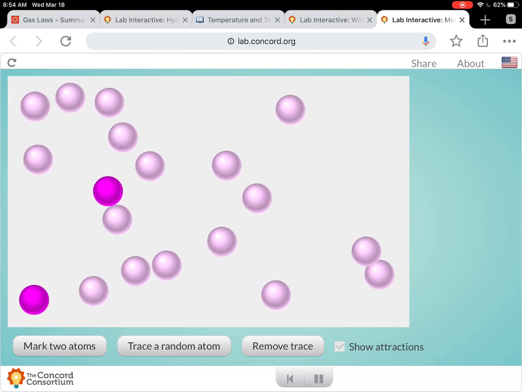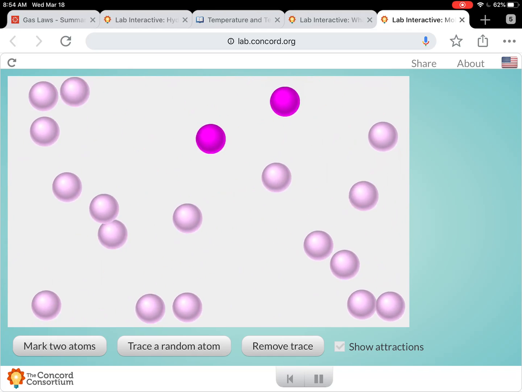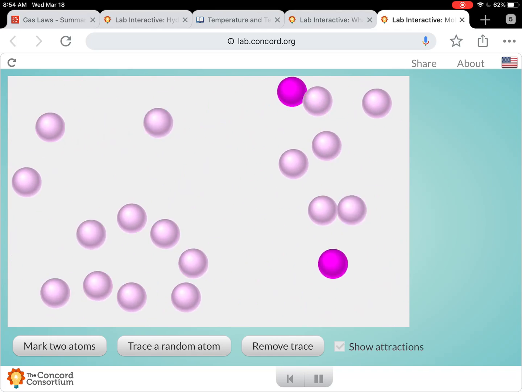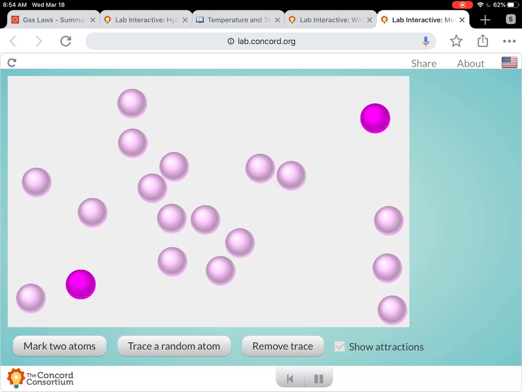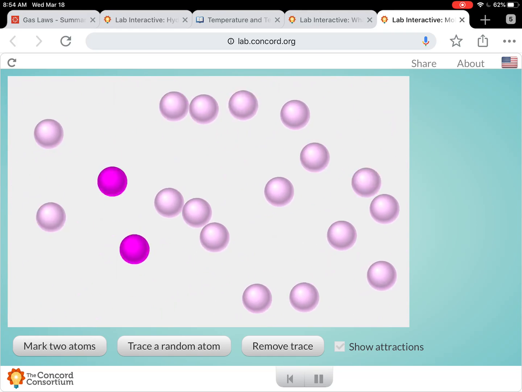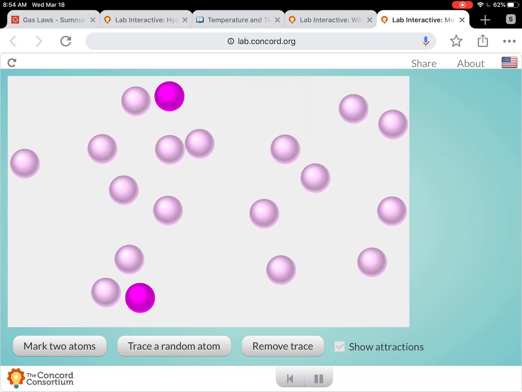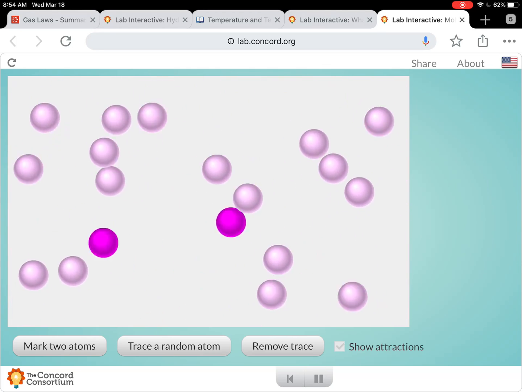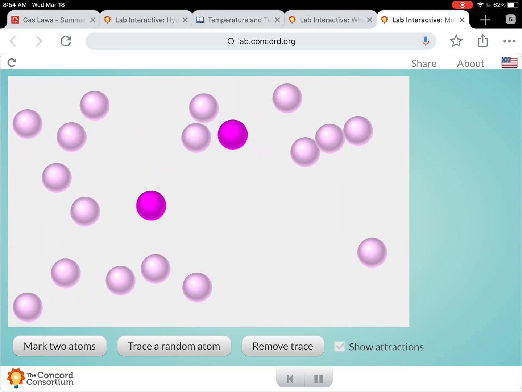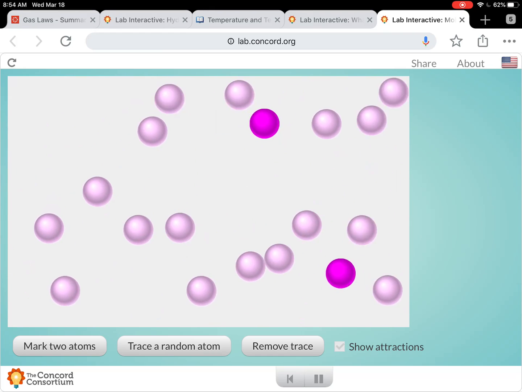However, they will fill the volume of the container. They're going to have no attractive forces. If they bounce off of each other, they're just going to ricochet. There's no repulsive forces either. Think of a repulsive force like when you have two magnets with the same pole and you put them together, they repel. We're not going to have any of that. Motion is rapid, random, and constant.